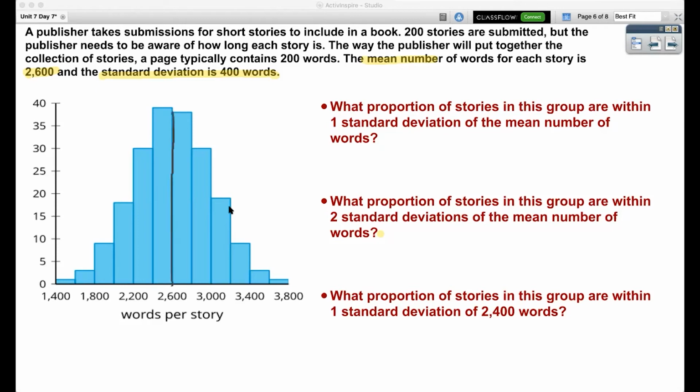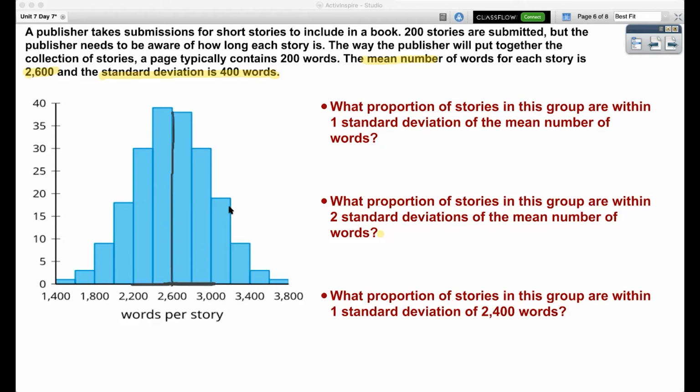And I know that the standard deviation is 400 words. So if I'm looking for the proportion of stories in this group that are within 1 standard deviation of the mean, and I know that my standard deviation is 400, I'm going to be looking at the interval that is 400 more than 2,600 and 400 less than 2,600.